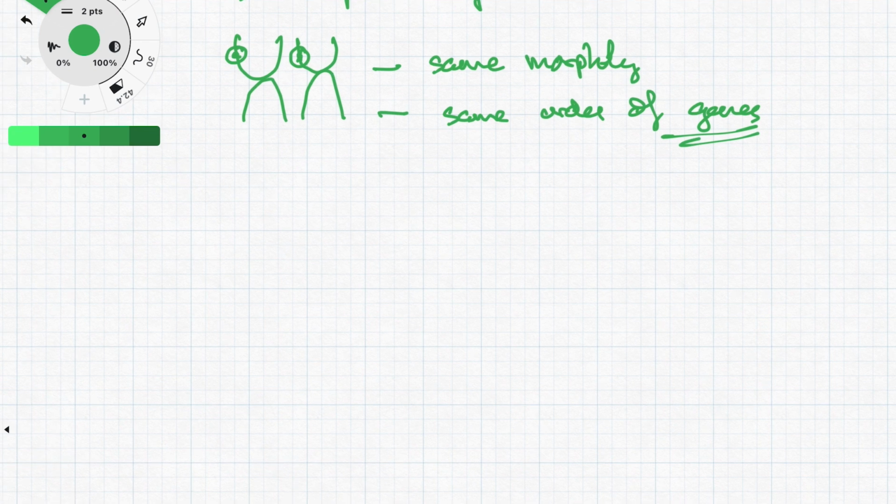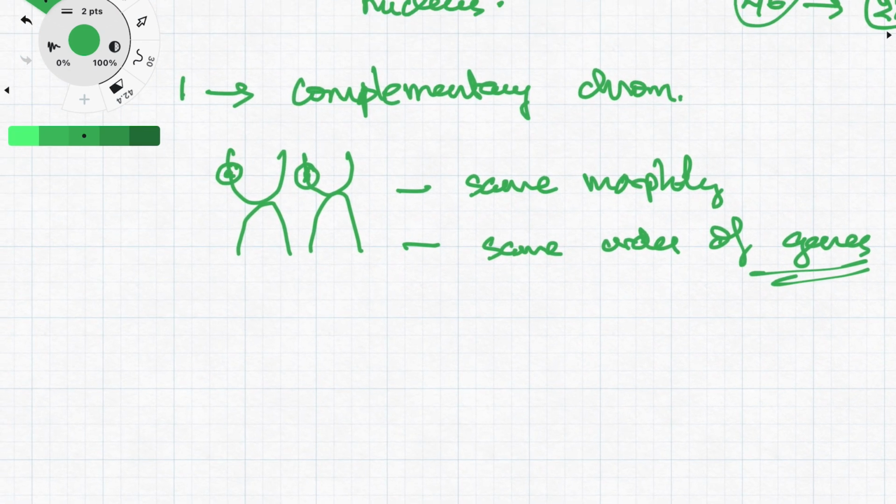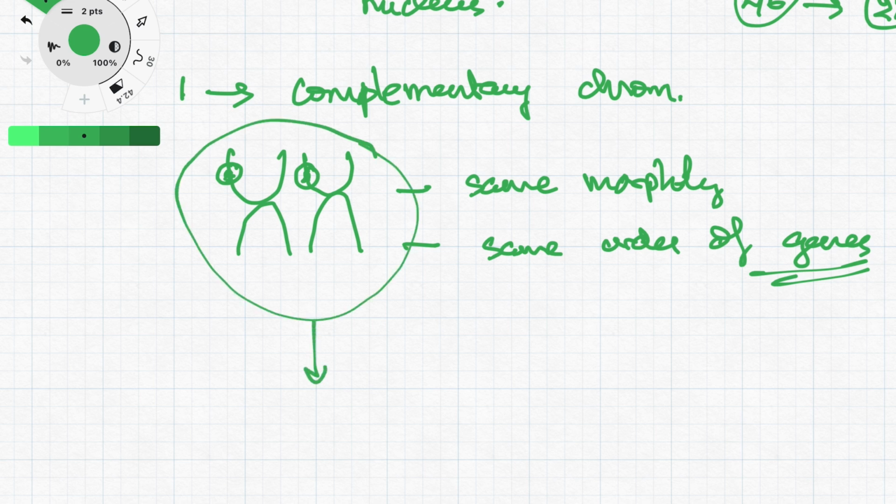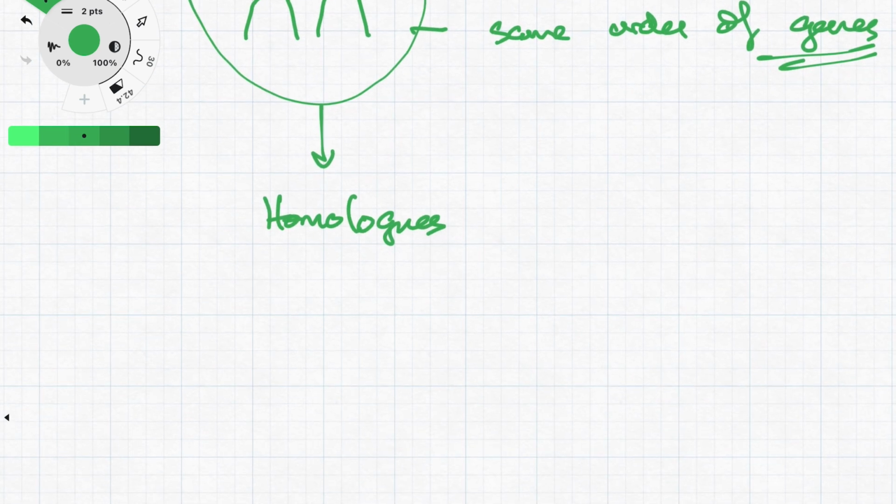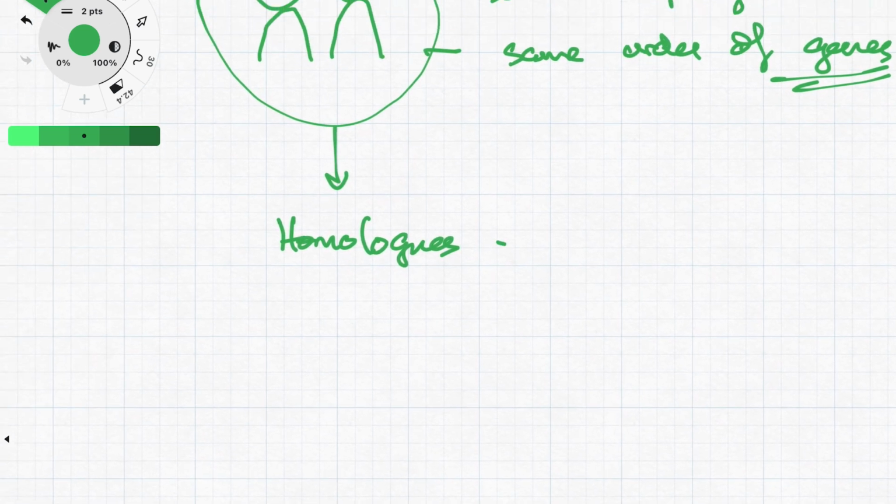So if you pick any position in the chromosome, that gene will provide almost the same information as in the complementary chromosome. This pair of chromosomes is called homologs. Okay, they are called homologs. So for us, we have about 22 such homologs.